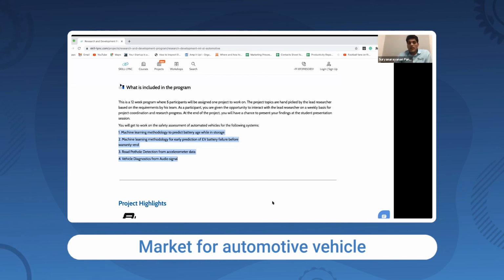Our motivation to work on these kinds of research programs is because we believe this is really useful for people to build a portfolio for themselves when they go into this particular domain.